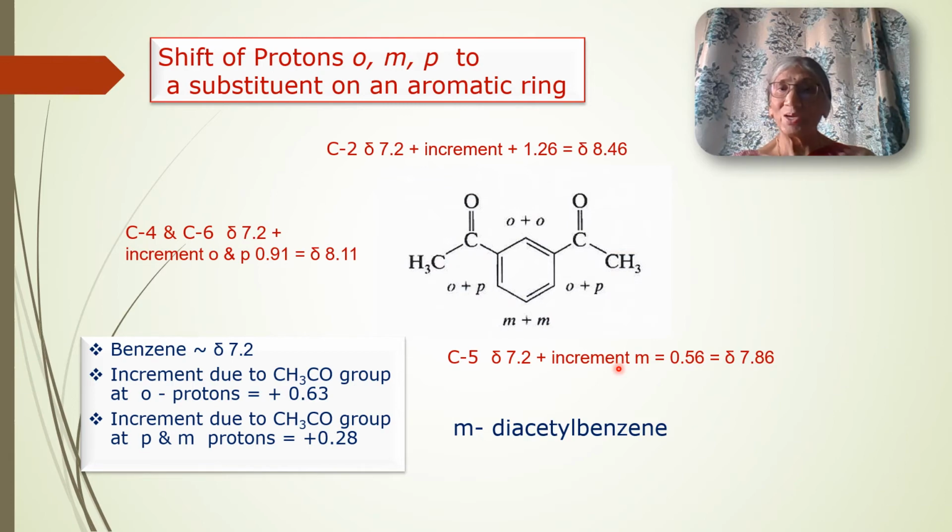So this 0.56 is added to the base value of benzene, 7.2 delta. So the C5 proton will show the absorption at delta 7.86. So in this manner, if we see the increment values of different substituents from the table and add them up to the base value of benzene, we can determine the resonance frequency of ortho, meta and para protons in disubstituted or polysubstituted benzene compounds.